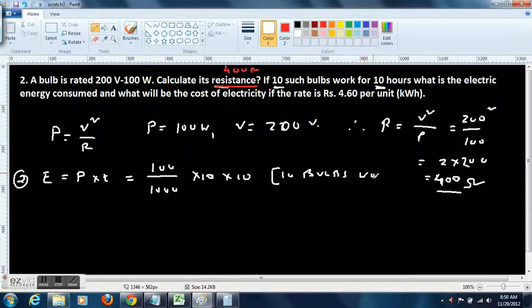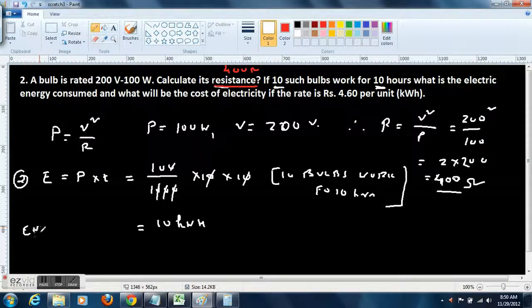So 100 by 1000 into 10 into 10. In this way I can calculate the energy for all the 10 bulbs, which comes to 10 kilowatt hour.